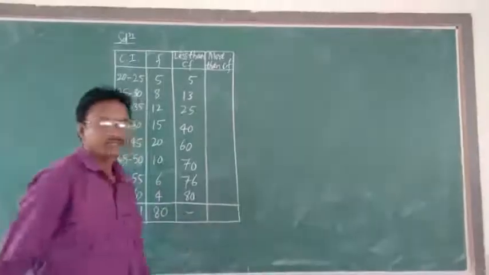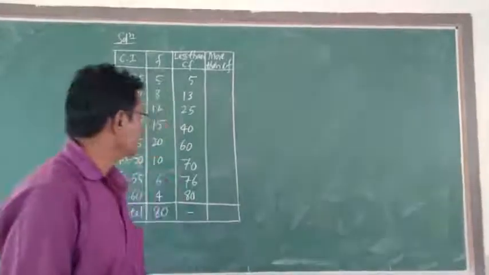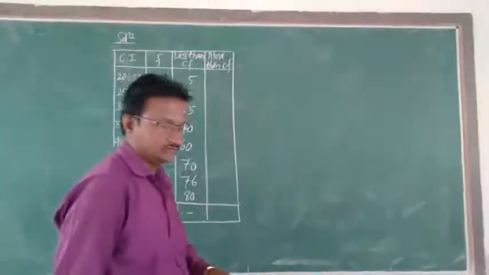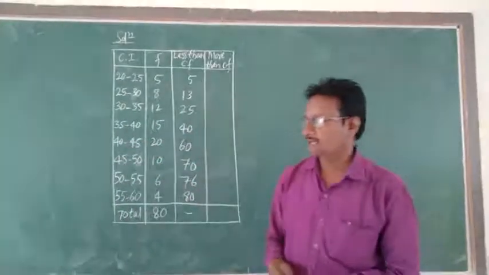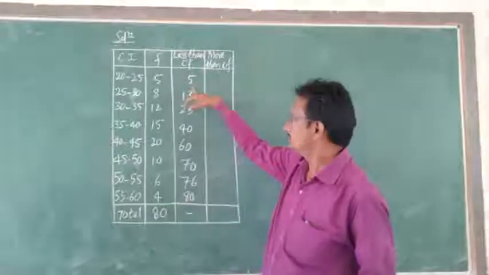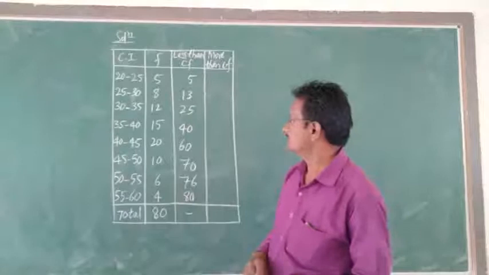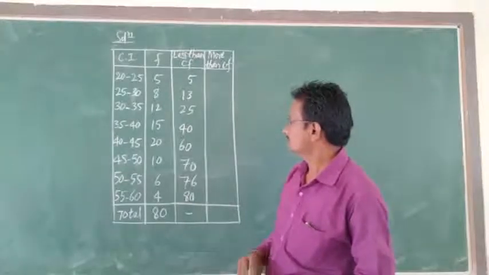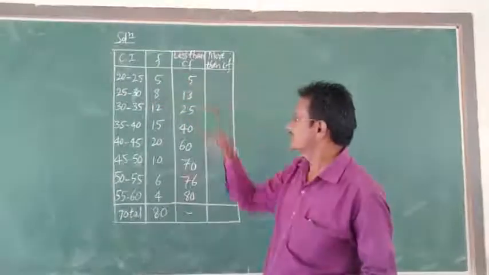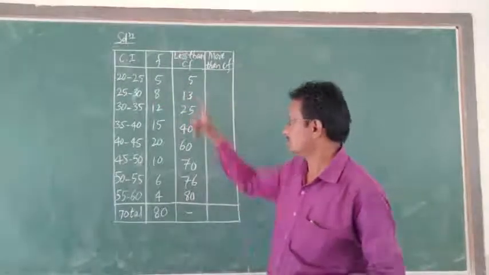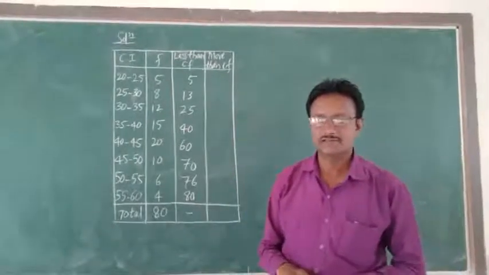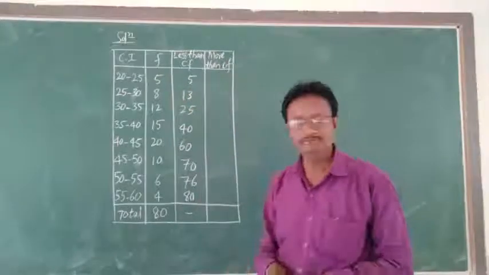So there are 80 workers, and for ascertaining less than cumulative frequency we have to add frequencies from top to bottom.